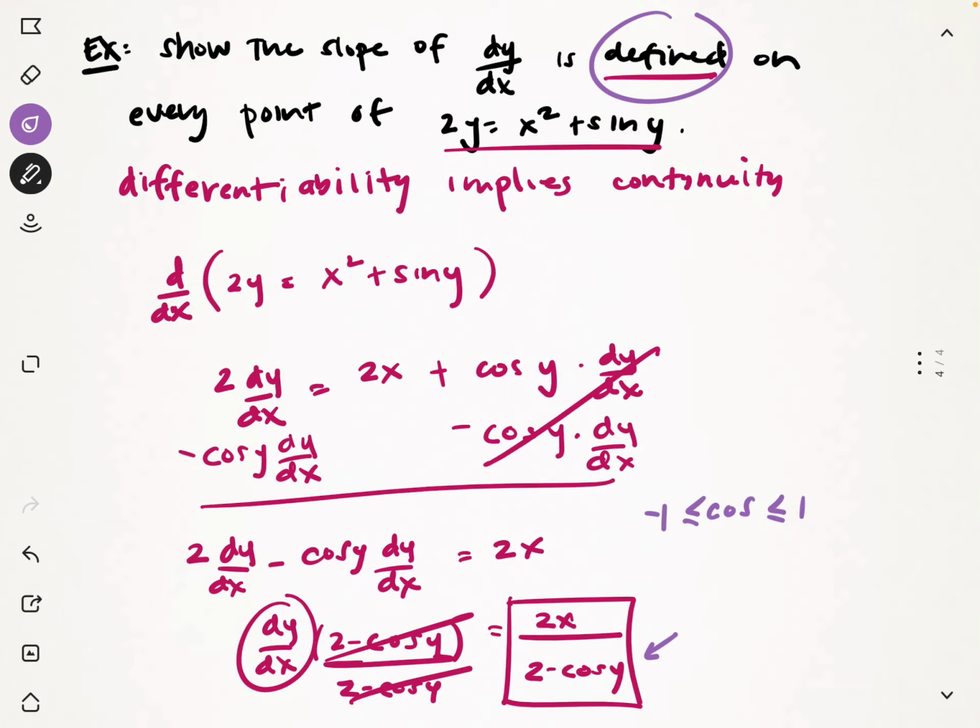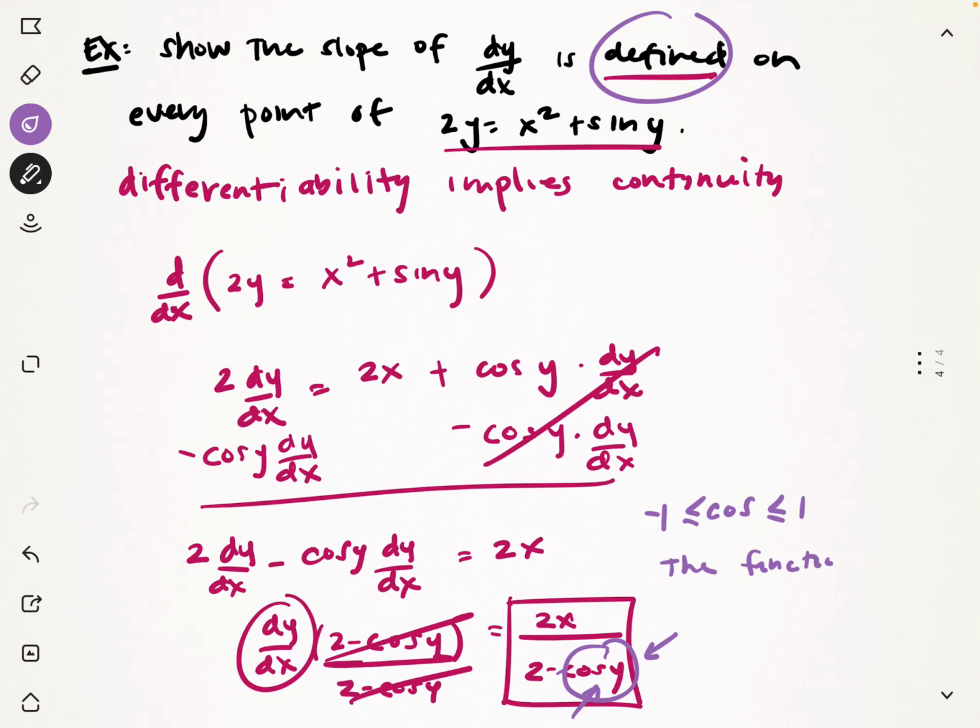Right, so is there any value that we can have for this thing that's going to make the denominator 0? Well, no, right? Because even if I put a 1 in there, 2 minus 1 is 1. If I put a -1 in there, 2 minus -1 is 3. The only thing that the cosine could be to make that denominator equal to 0 is 2, but cosine never reaches 2.